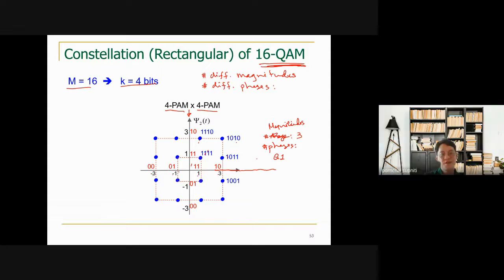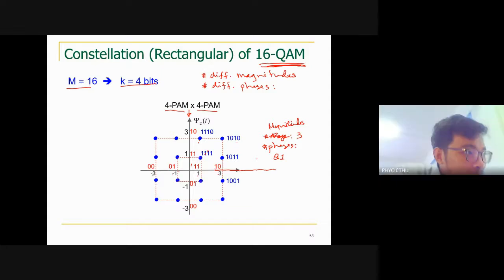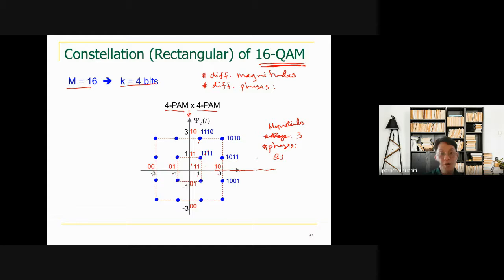Oh, sorry, you're right, it's three. Because this symbol and this symbol are at about 45 degrees, but this one is about 30 degrees and this is about 60 degrees. So there are also three phases.